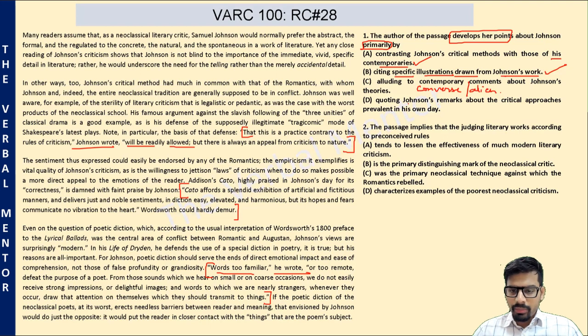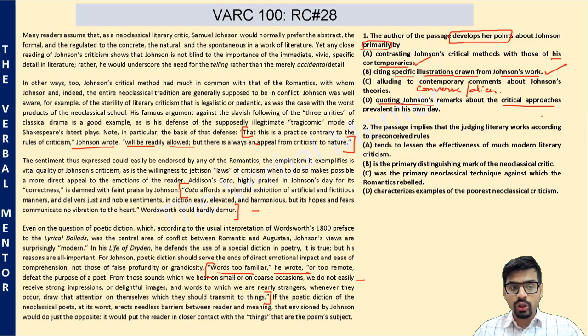Option D, by quoting Johnson's remarks about the critical approaches prevalent in his own day. A tempting choice again. However, though Johnson has been quoted, all these three quotes that I highlighted earlier are Johnson's quotes. So Johnson has been quoted, but about others' works and not about the critical approaches prevalent in his own day. He is not criticizing literary criticism.